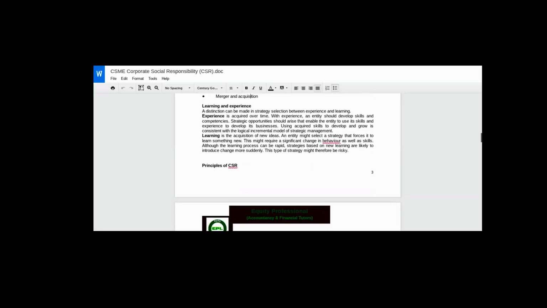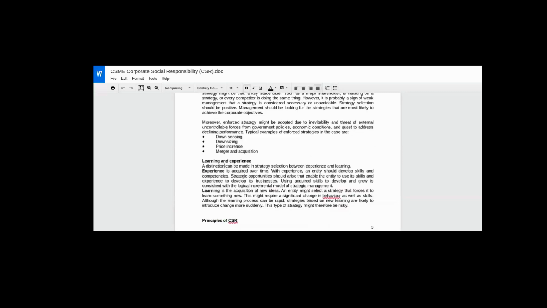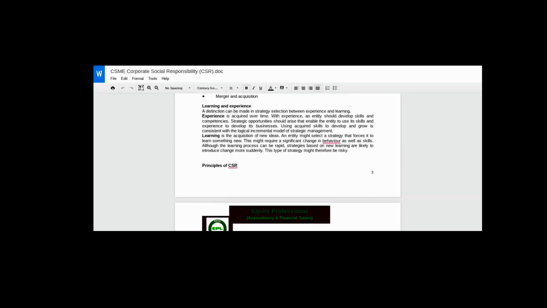The syllabus require that we should know the meaning of learning and experience. So I don't want us to waste much time on that. What we call experience are acquired over time.